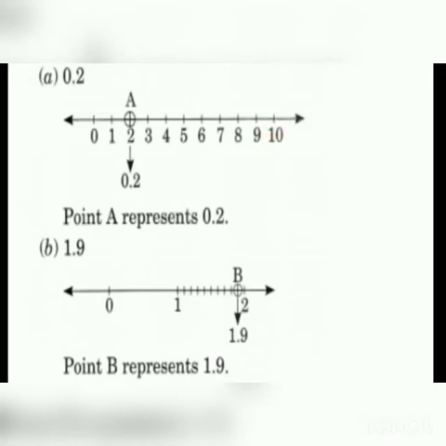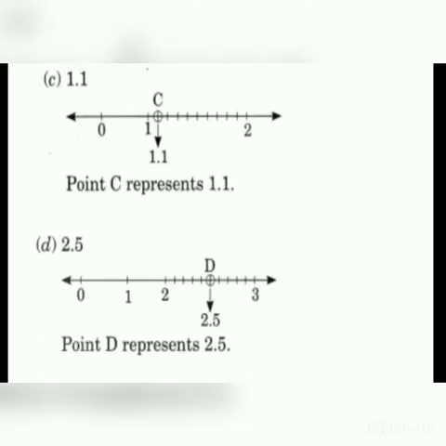Clear? Next, 1.9. What is the whole number part here? 1. So, 1.9 comes between 1 and 2. The distance between 1 and 2 is divided into how many equal parts? 10 equal parts, and each part will be 1.1, 1.2, 1.3, etc. So, you can mark 1.9.